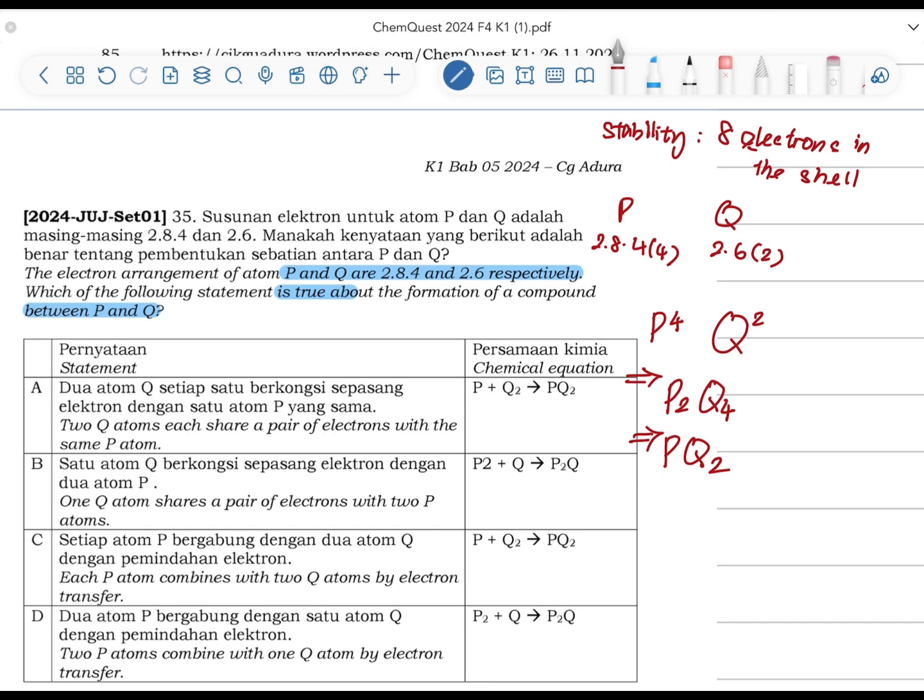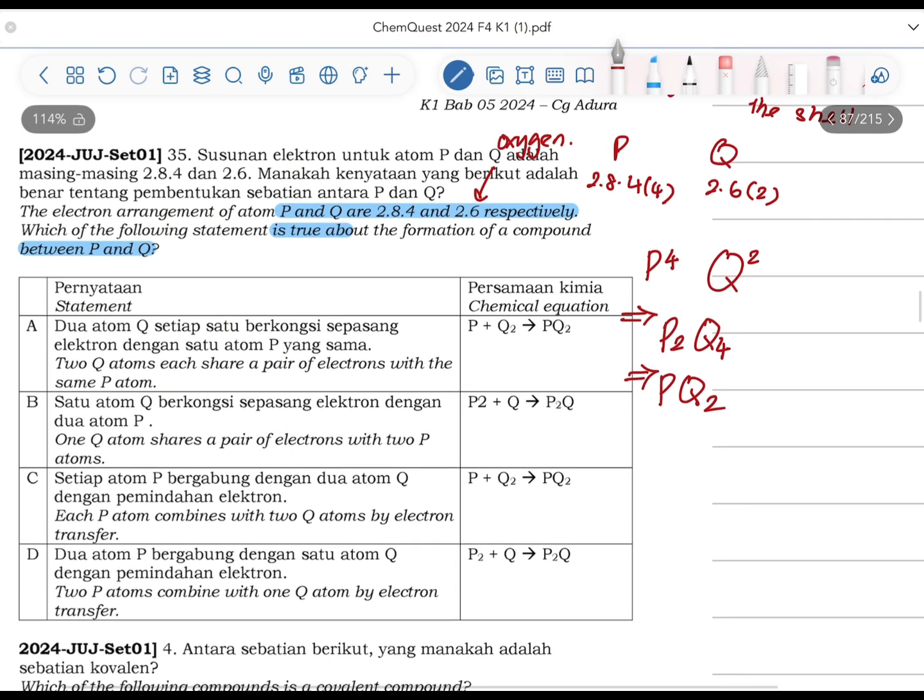How I know Q is oxygen is because you compare it to the periodic table, okay? And then P reacts with Q2 because oxygen exists as a diatomic molecule, and it will form PQ2.